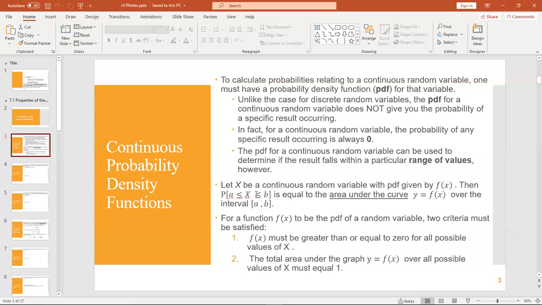For a function f to be a probability distribution function, you have to have 2 criteria. The probability has to be positive for all possible values, because there's no such thing as a negative probability. The other thing that has to be true is that the entire area under the graph has to equal 1, because the total probability of all your outcomes is always supposed to be 1.